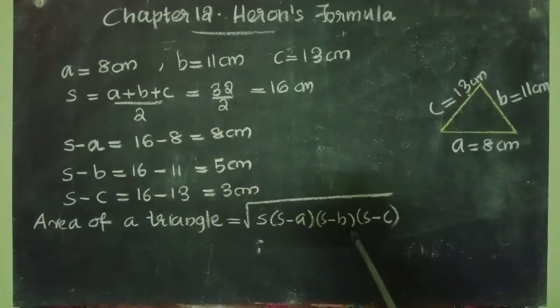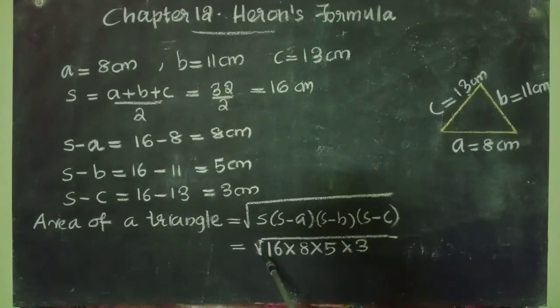S minus B also we found, that is equal to 5 cm. S minus C, that is equal to 3 cm. So all those values we can give here. Now we need to find out the square root of the product of the numbers inside.